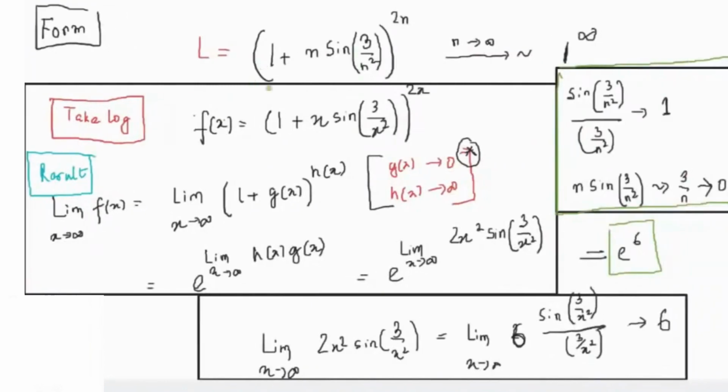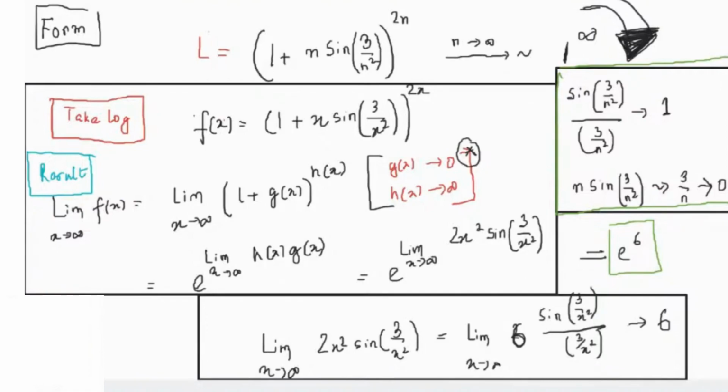It's a bit cluttered over here, but focus as I scroll through the solution. First check the type. If you check the type, you observe that 1 by n square goes to 0, so 3 by n square also goes to 0.